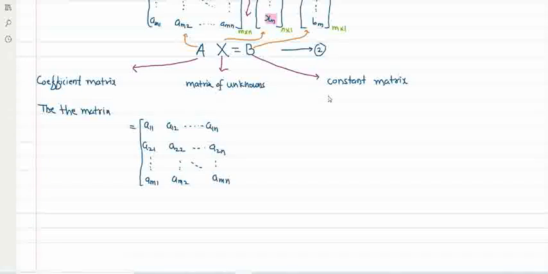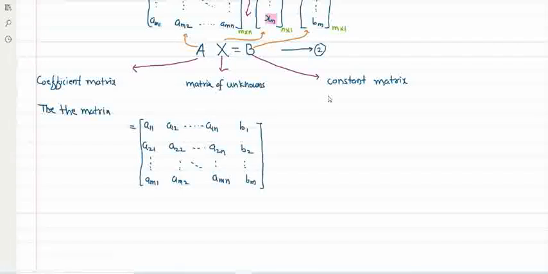So this is a coefficient matrix. Now for this matrix, I am going to attach one more column, and that column is nothing but the constant matrix. And what are the elements? B1, B2, continue, BM. Is it correct?